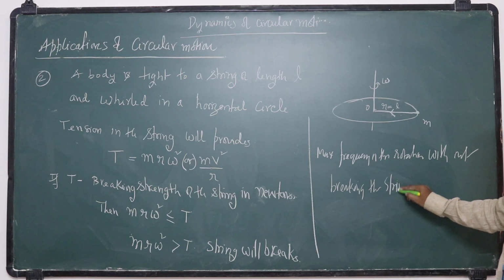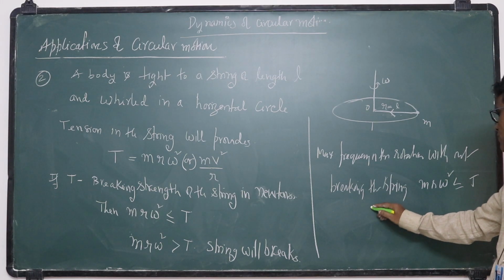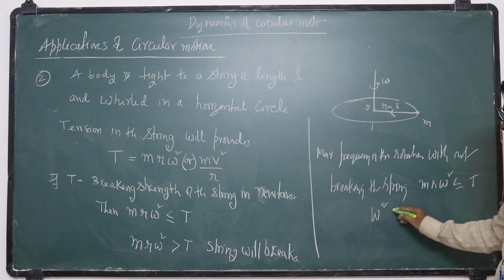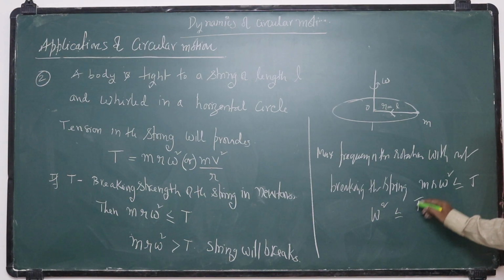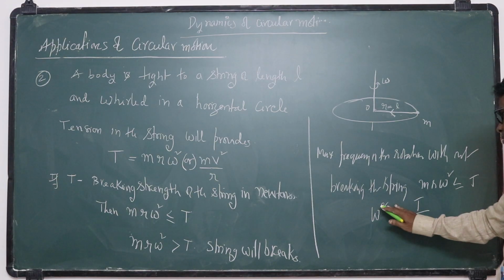So m r omega square should be less than T. So omega square should be less than or equal to T by m r.